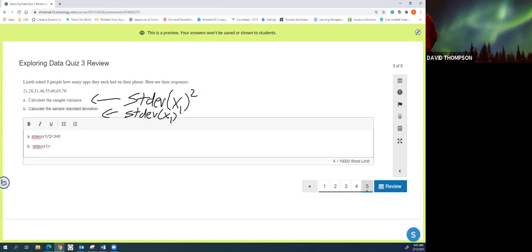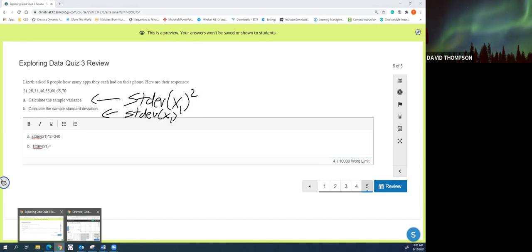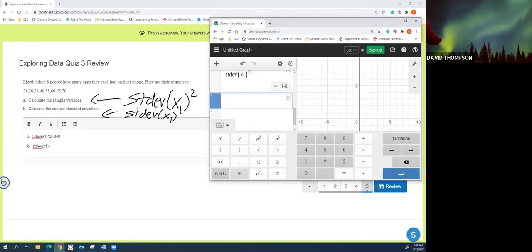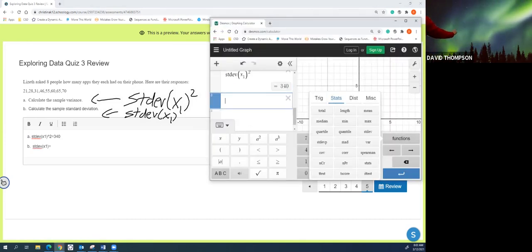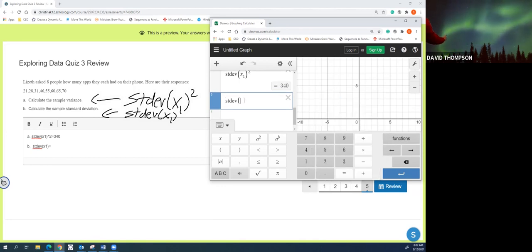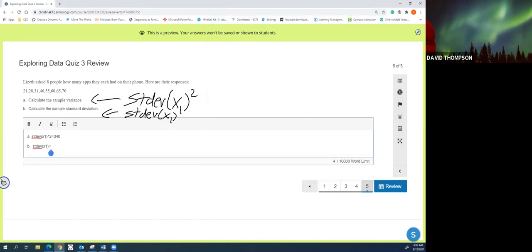We're done the whole quiz. So that's the same procedure, functions, standard deviation, x1, and we have about 18.44. And we're done. So the calculator did all the work for us.